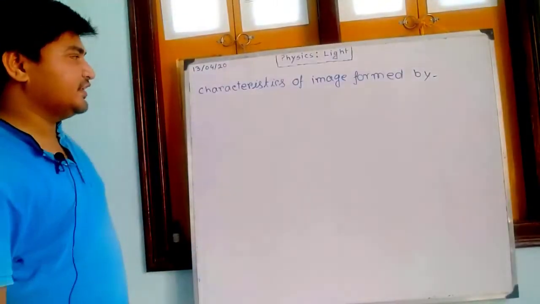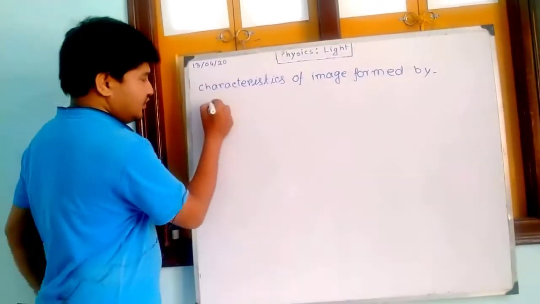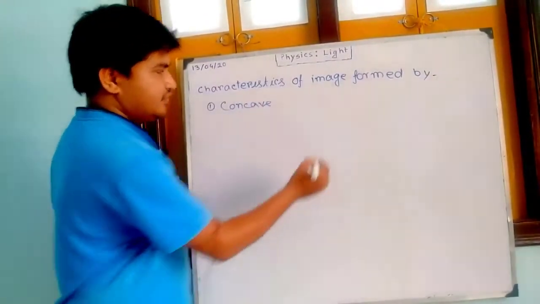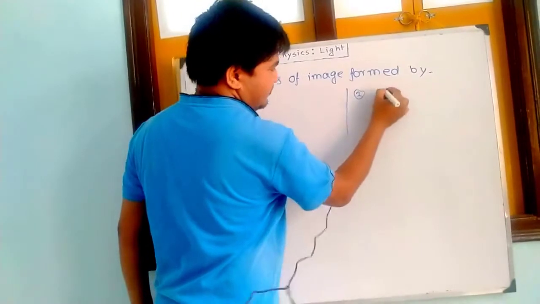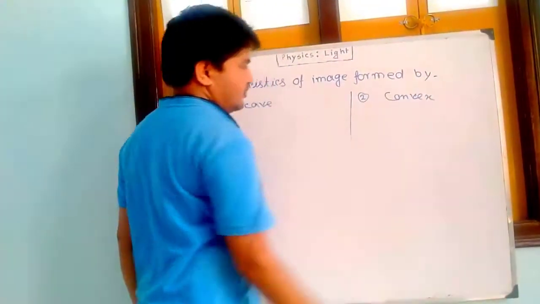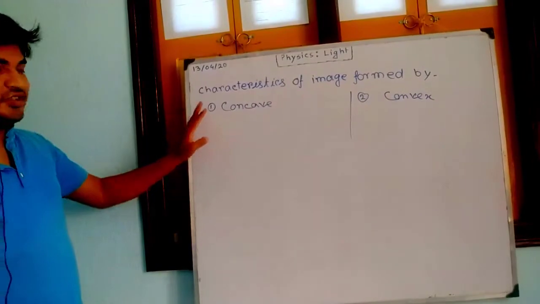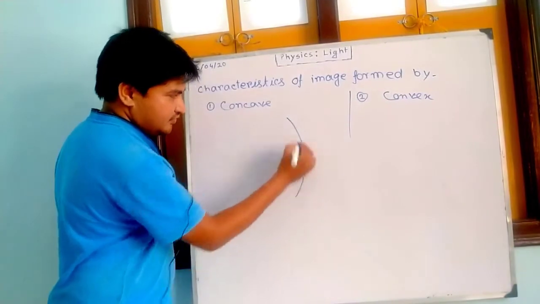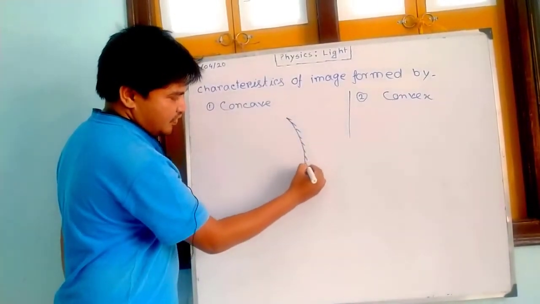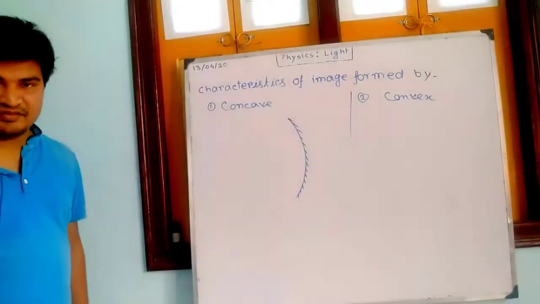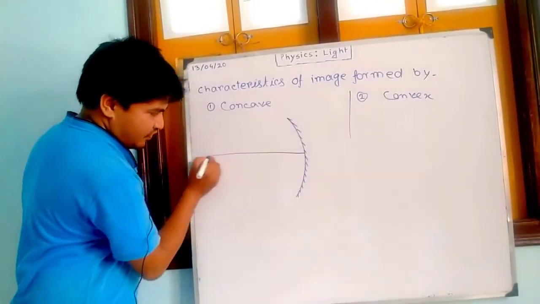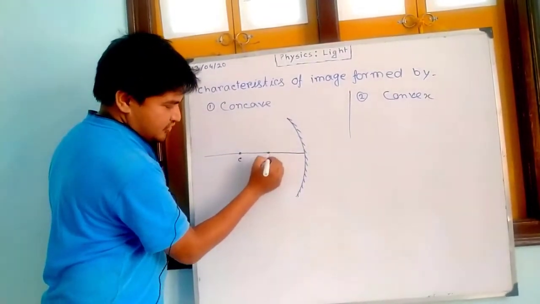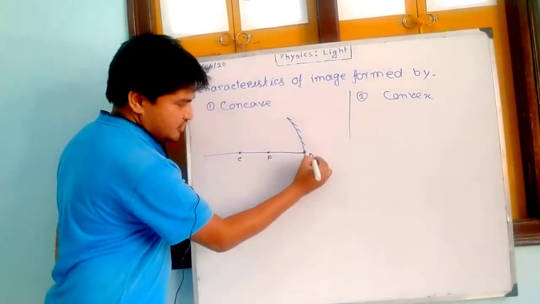Next, characteristics of the image formed by, first, a concave mirror and, second, a convex mirror. What are the characteristics of the image formed by a concave mirror? If I consider a concave mirror, let this be the principal axis, this the center, this the focus, and this the pole.